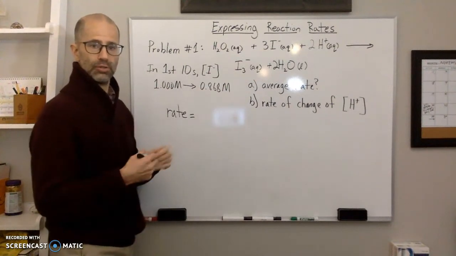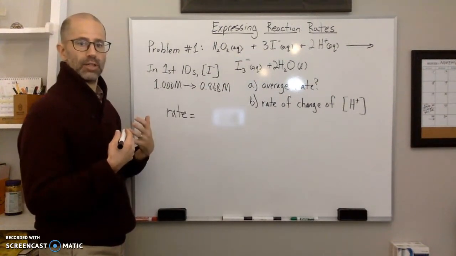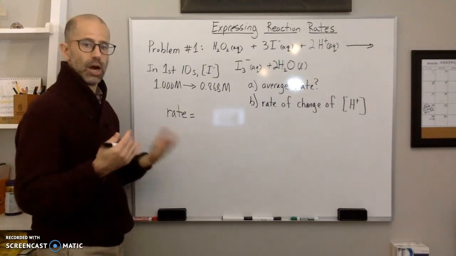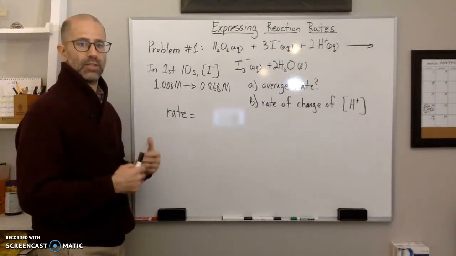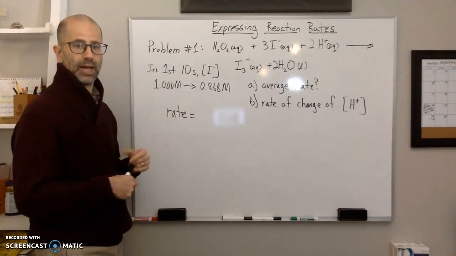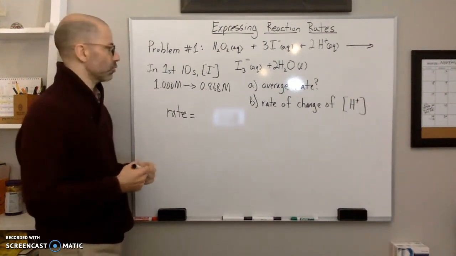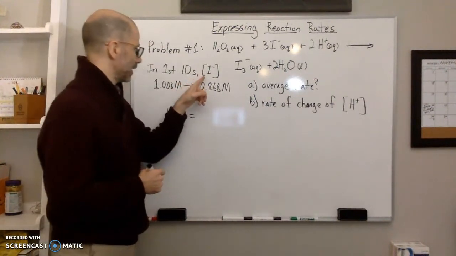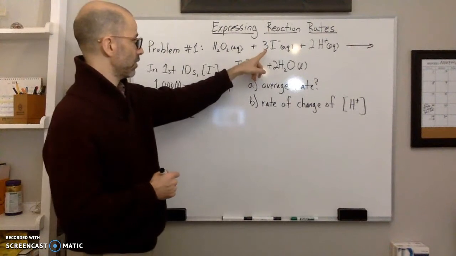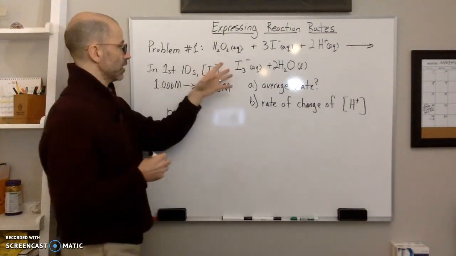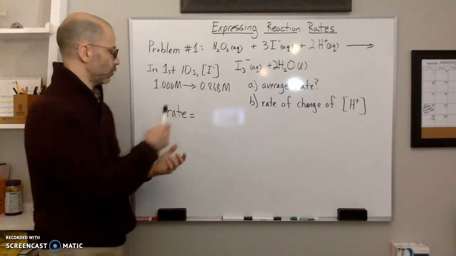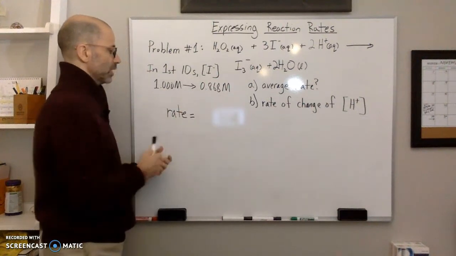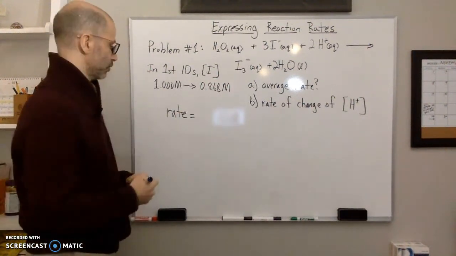So in order to keep the rate of the reaction the same, regardless of what product or reactant you're looking at, you need to multiply by the reciprocal of that coefficient, or basically you're dividing by the coefficient. So we're looking at the iodine ion concentration. Here we have a 3 coefficient. And since this is a reactant, it is going to decrease over time, so that's going to give us a negative rate.